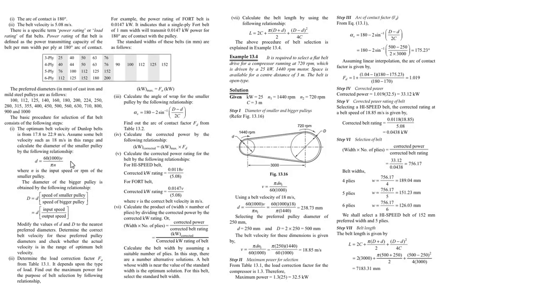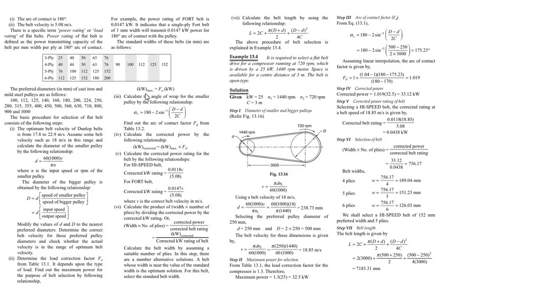After modifying the diameters and the belt velocity, we can move to the further process. Then we have to determine the load correction factor from the table given above, which depends upon the type of load. Find the maximum power for the purpose of belt selection by the following relation: kW max = Fa × kW.